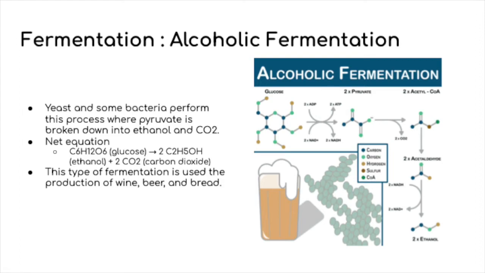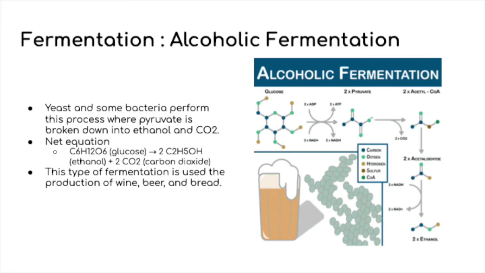For alcoholic fermentation, yeast and certain bacteria perform alcoholic fermentation, where pyruvate from glucose metabolism is broken down into ethanol and carbon dioxide. The net chemical equation for the production of ethanol from glucose is C6H12O6, or glucose, to C2H5OH, or ethanol, plus 2CO2, or carbon dioxide.